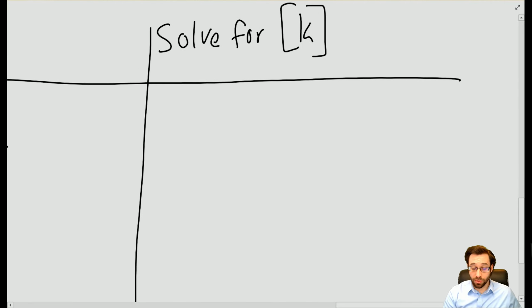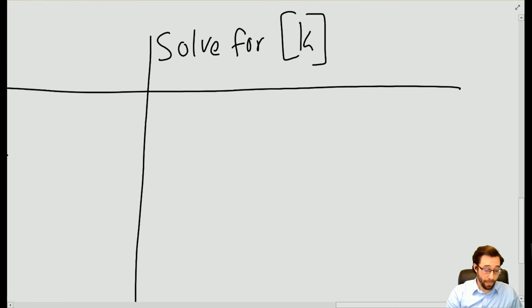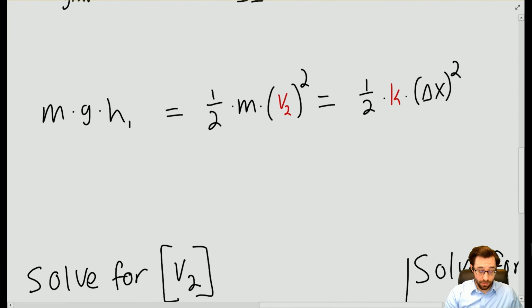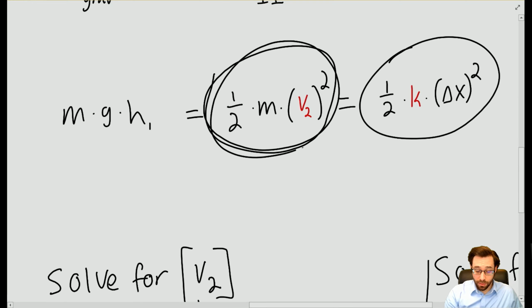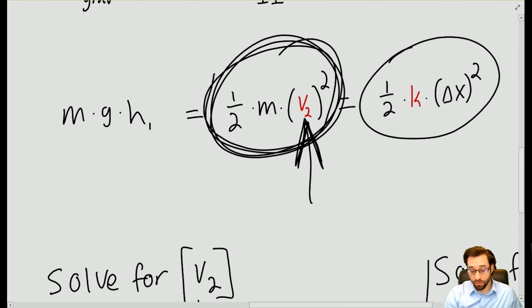So now I want to solve for the spring constant. The spring constant is located here in state 3, and technically I could set it equal to state 2, but I am solving for V2. I am not given V2.